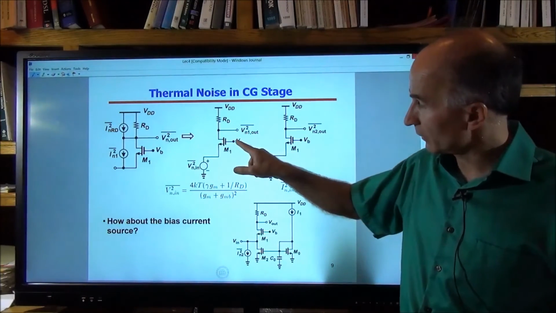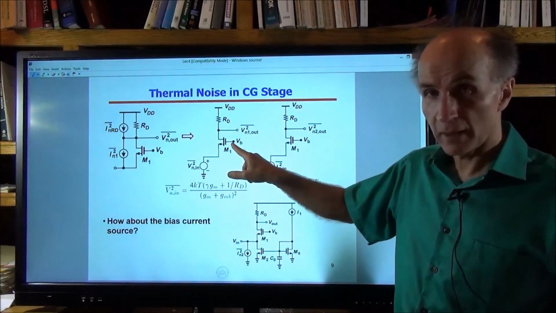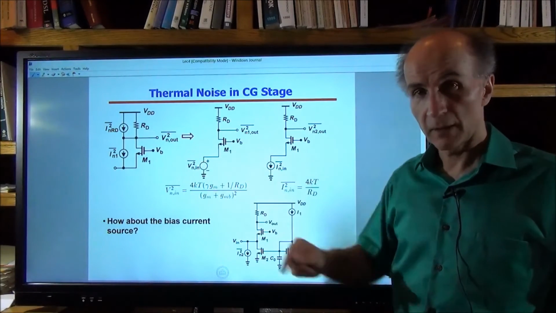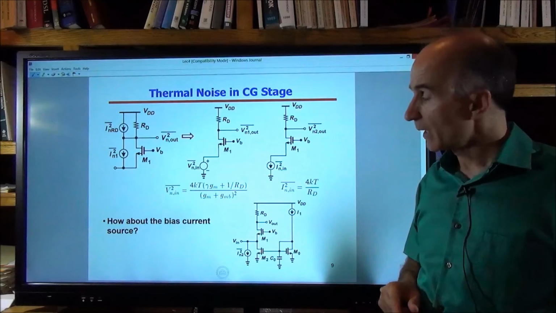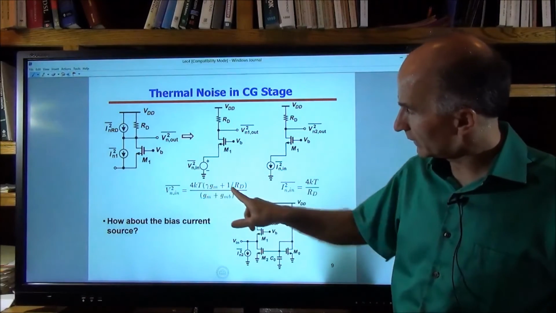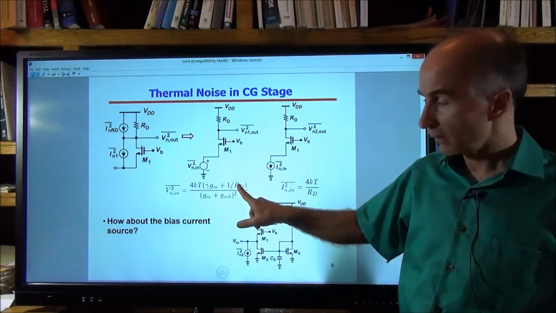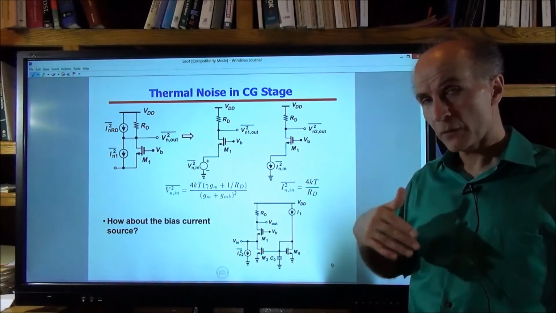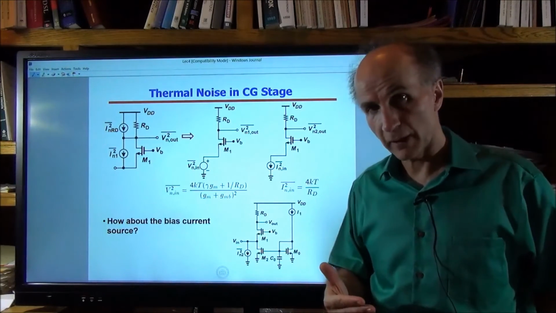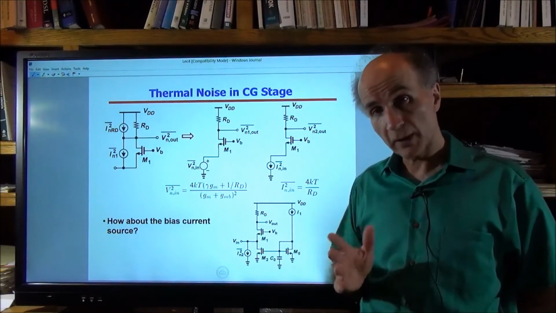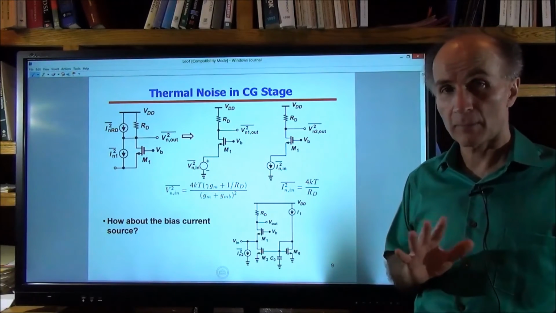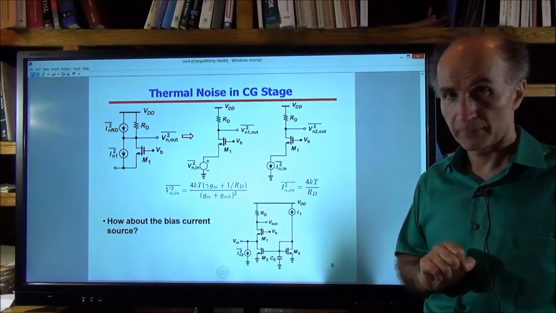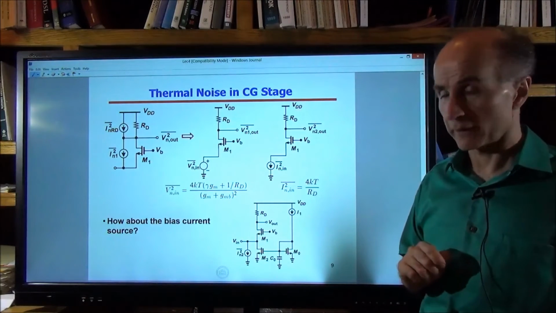After all, we have a gate-referred noise voltage source here, which can be just transferred to the input. And then we also have 4kT over Rd over gm squared approximately, and that's what we saw before as well. So the input referred noise voltage of a common gate stage is quite close to that of a common source stage. But there's also an input noise current.